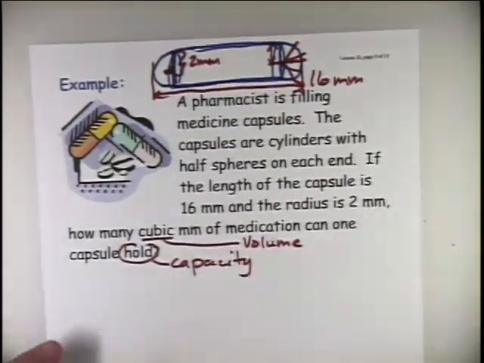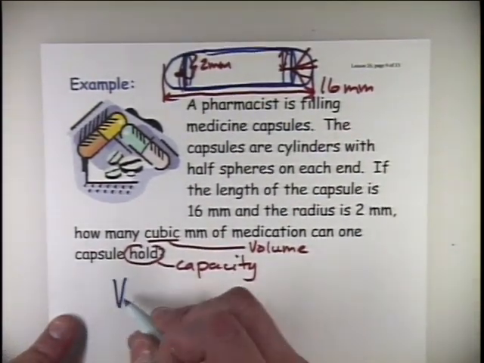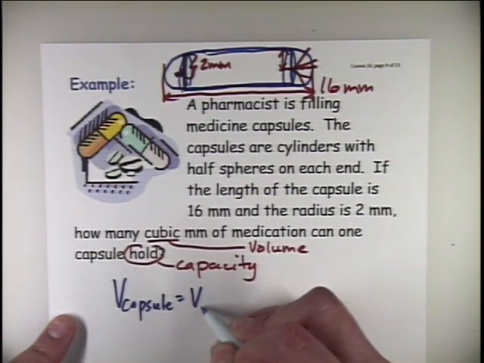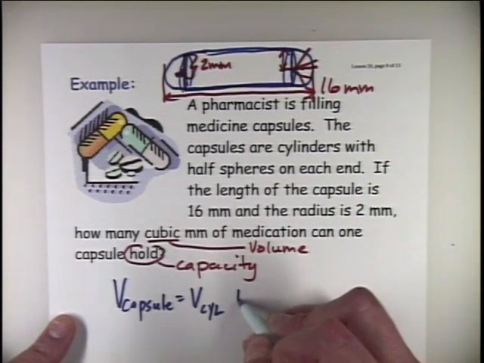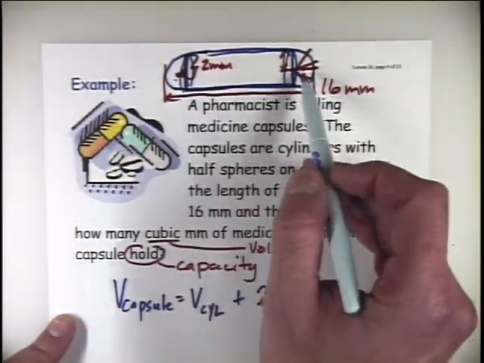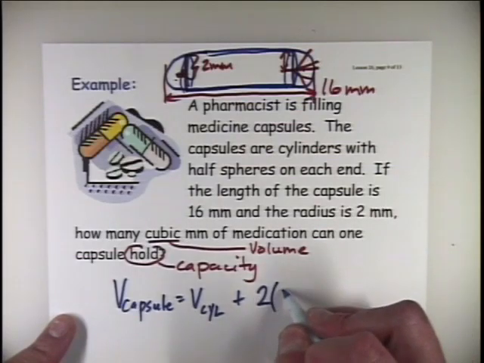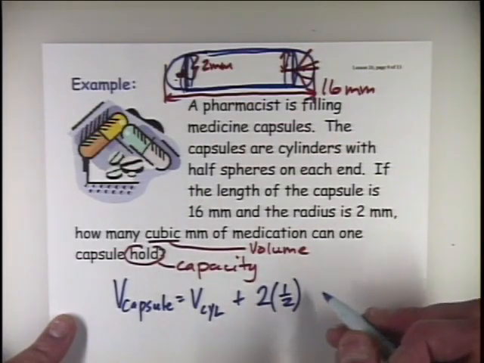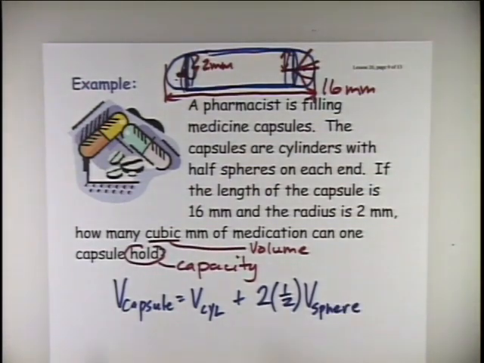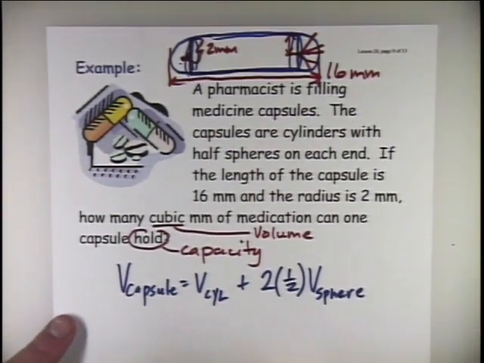So let's start with a template. I know the volume of the capsule is going to be a combination of the volume of the cylinder plus 2 times, I have 1 on each side, but these are half spheres, so 2 times 1/2 the volume of a sphere. That's starting off with a real big template. Now I can get specific.